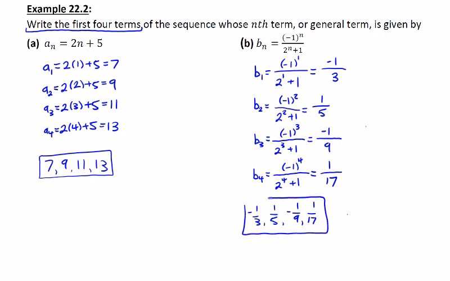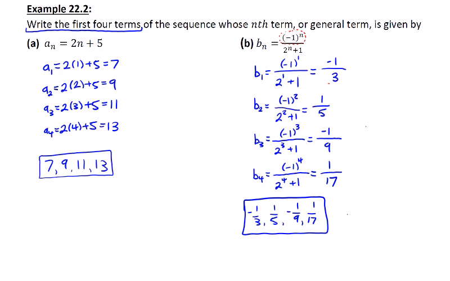This is an interesting sequence because of this negative 1 raised to the n. You should have noticed that every other term was positive or negative. So there's this alternating between positive and negative that occurs in this sequence, and if we continue beyond the first four terms, that pattern would continue as well.